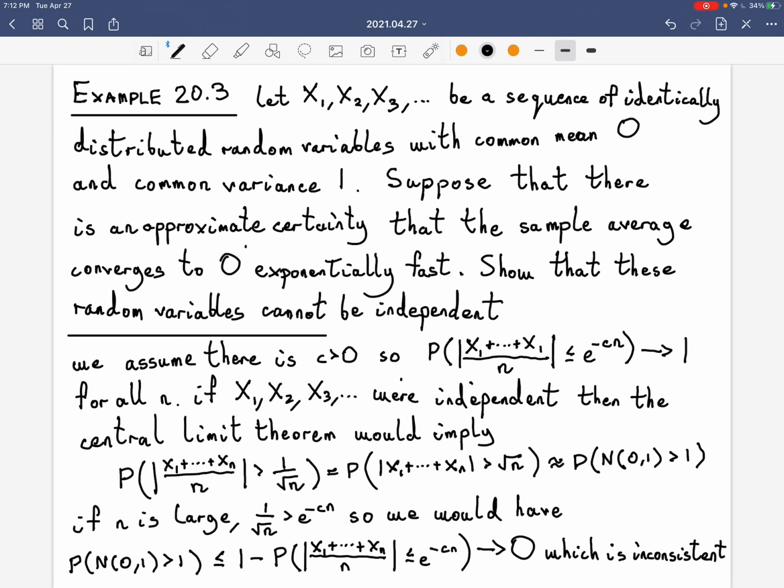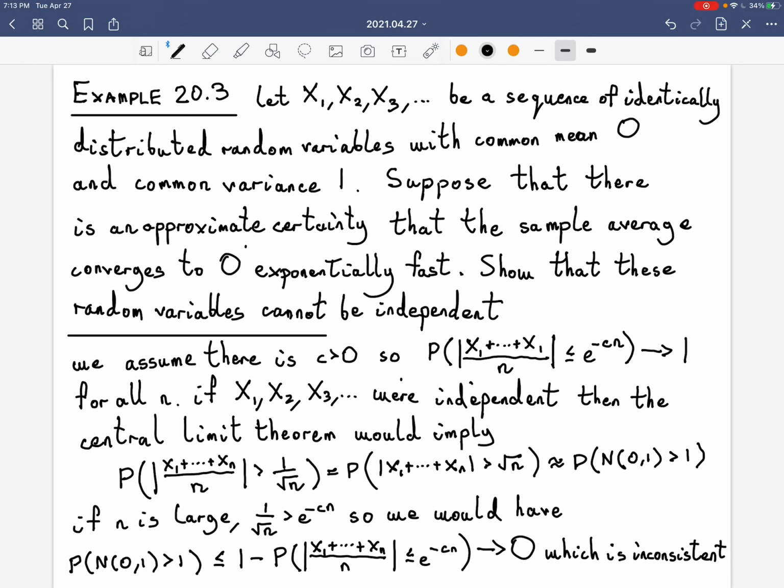So a random variable with mean 0 and variance 1 is a result of a standardization operation, and a further standardization has no effect on a random variable that's already been standardized. But what we want to think about is the case of identically distributed random variables where the average converges to 0 exponentially fast.